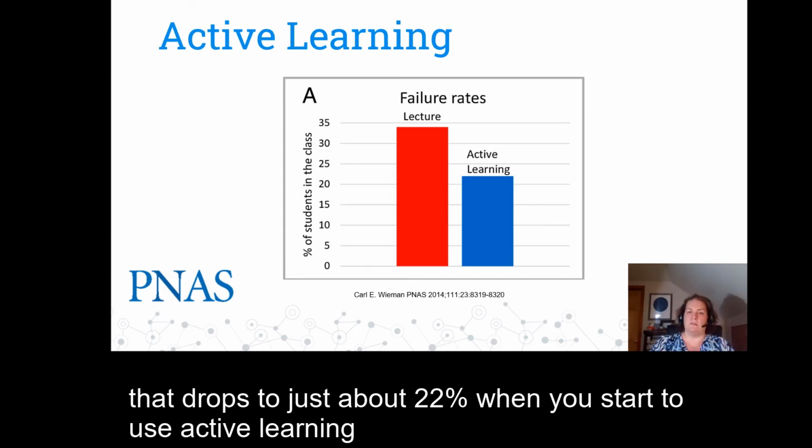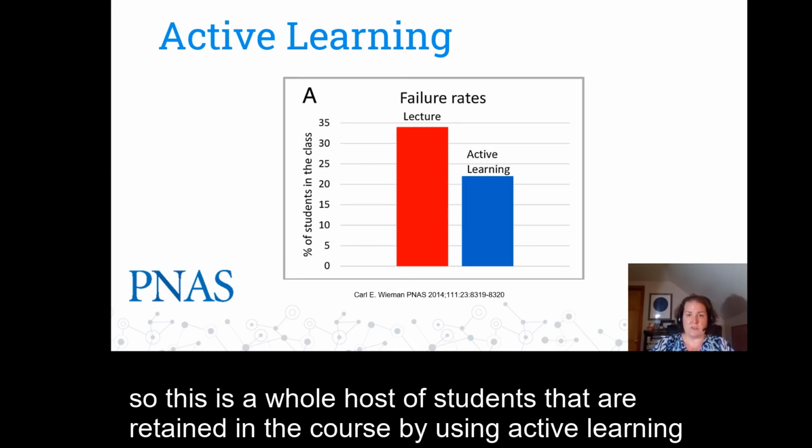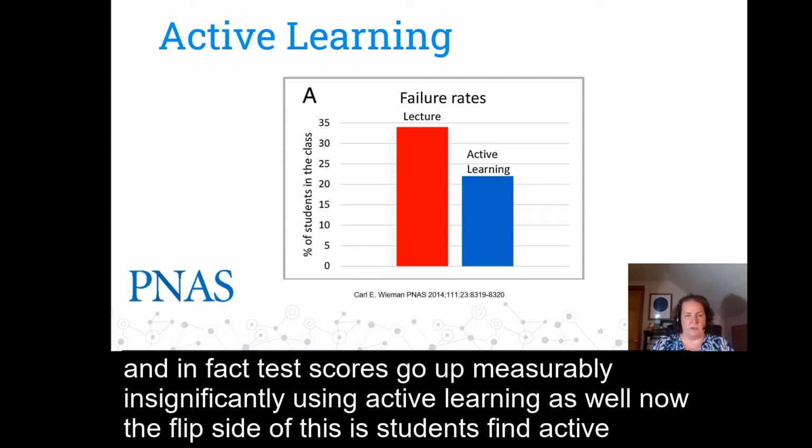That drops to just about 22% when you start to use active learning. So this is a whole host of students that are retained in the course by using active learning. And in fact, test scores go up measurably and significantly using active learning as well.